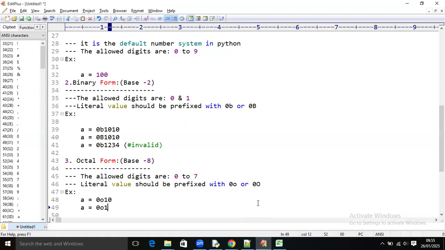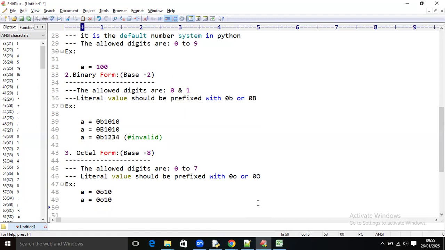And now we give the invalid condition for this: 0o789. 8 is not allowed, 9 is not allowed. So it is an invalid condition.